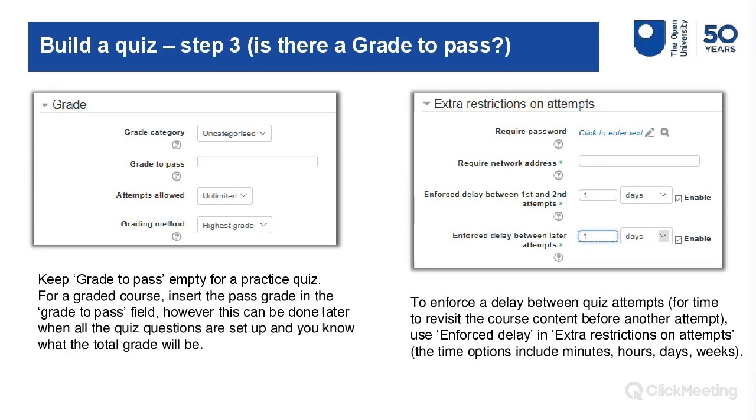As you can see, I've actually put an enforced delay there of 1 day, or it could be 24 hours, obviously, which is the same thing. That's what we use for the end of course quizzes in the badged open courses on OpenLearn. The priority of the grade isn't important at the beginning when you're first setting up the quiz, but it is important if you want it to be a graded quiz.